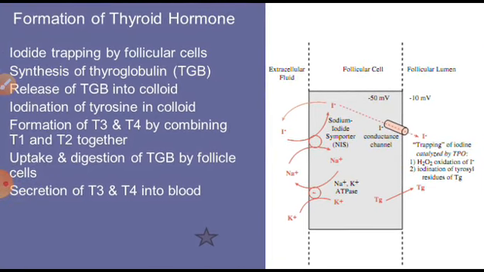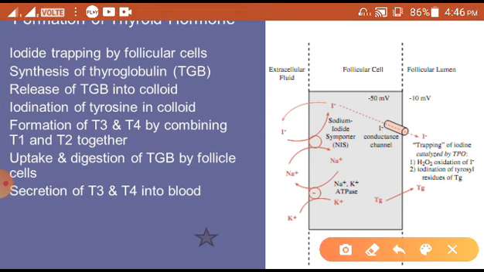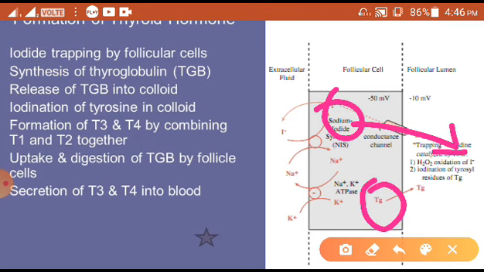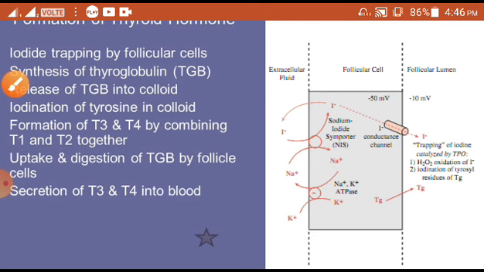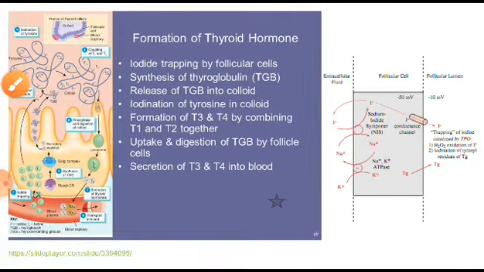Then this iodine which came inside will go into the follicular lumen, and here thyroglobulin will go into the lumen, and then they both will get clubbed together and make the T3 and T4. So I hope this synthesis is clear to you.